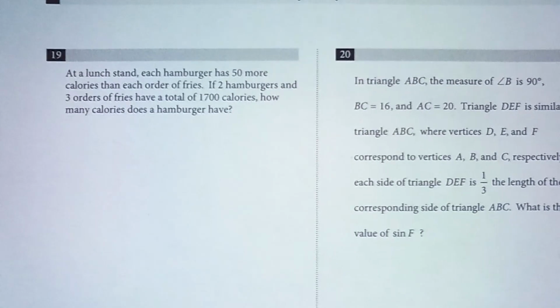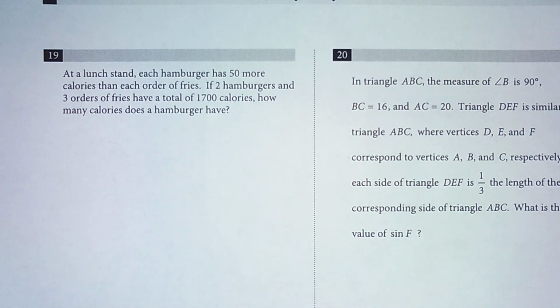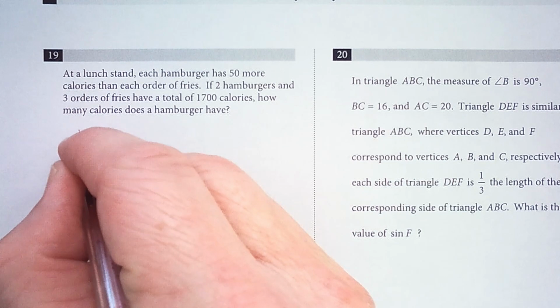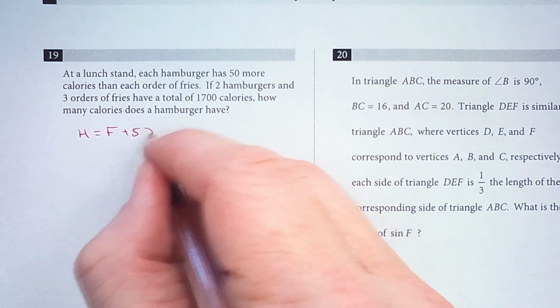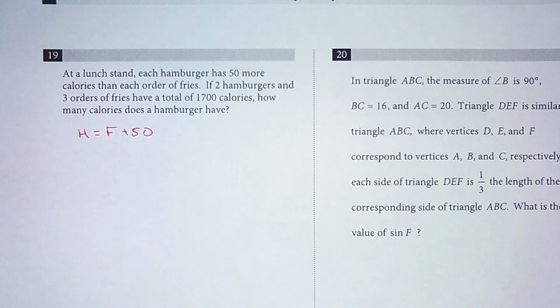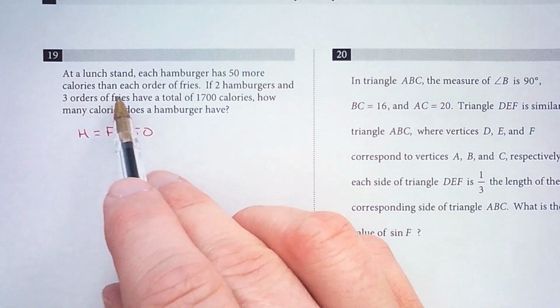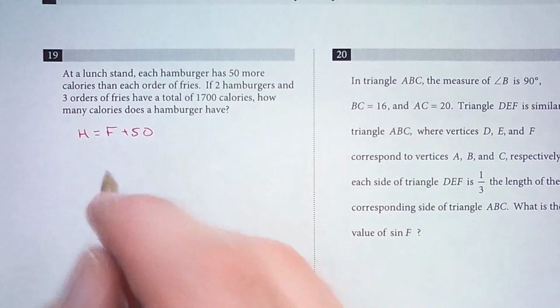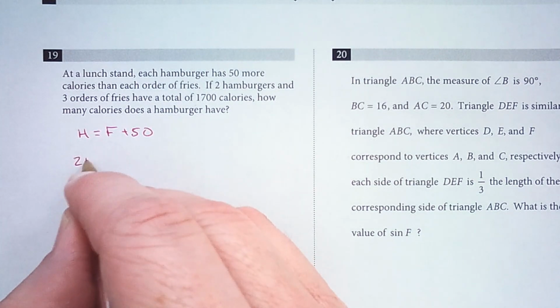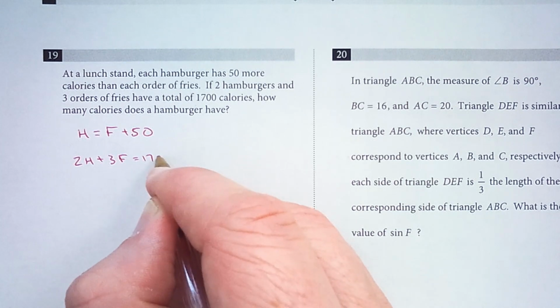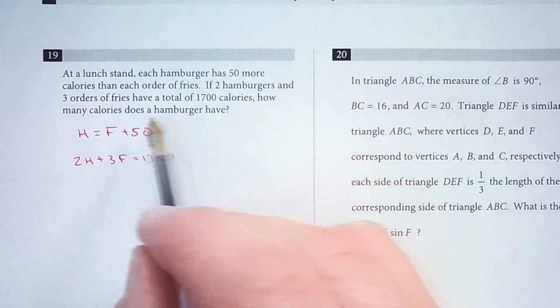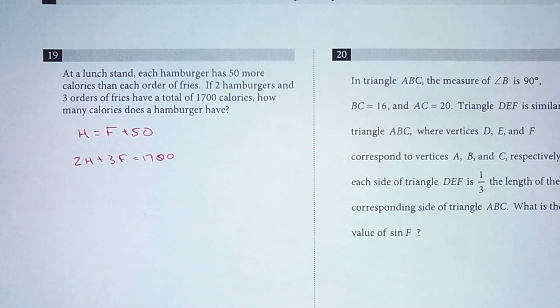Number 19, at a lunch stand, each hamburger has 50 more calories than each order of fries. So a hamburger's calories is the same as a fry calorie plus 50. If 2 hamburgers and 3 orders of fries has a total of 1,700 calories, so 2 hamburgers plus 3 orders of fries is 1,700, how many calories does a hamburger have?